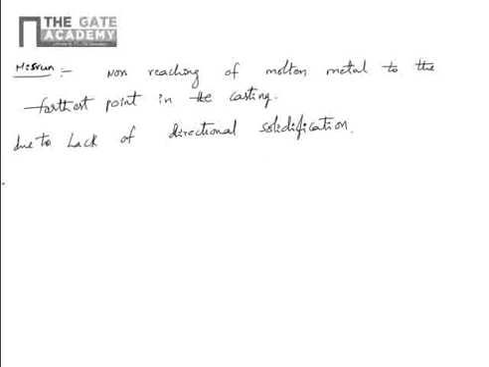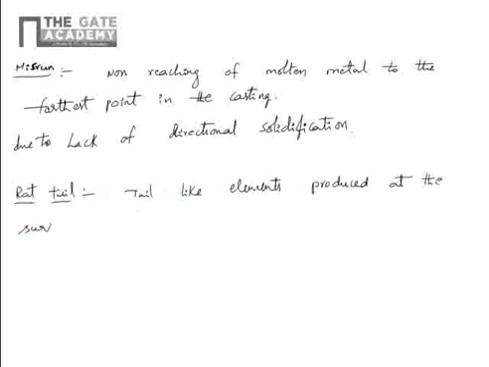Next one is rat tail. Rat tail is tail-like elements, which are metal pieces produced at the surface of the casting.